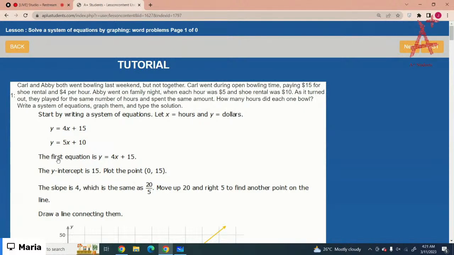So you have to first write down the equations. Let x equal hours and y equal dollars. It would be $4 per hour, so 4x plus 15 for Carl because he paid $15 for shoe rental. And for Abby, it is 5x plus 10 because she paid $10 for rental.